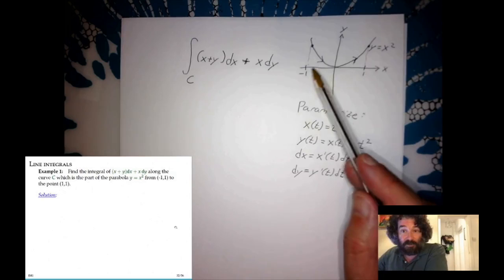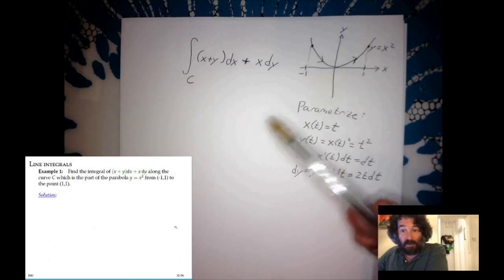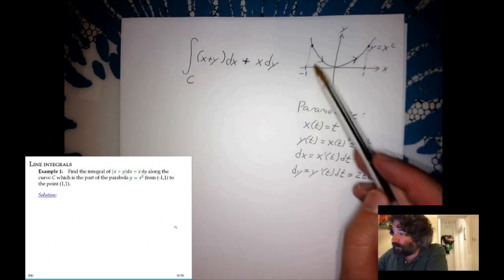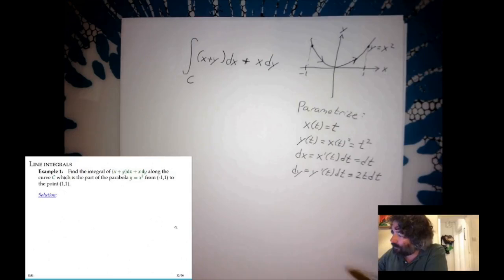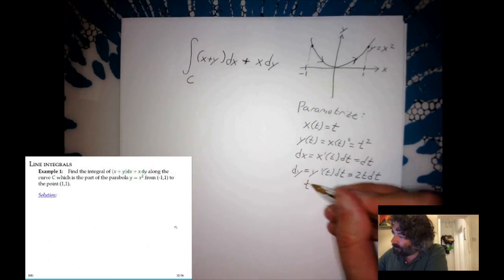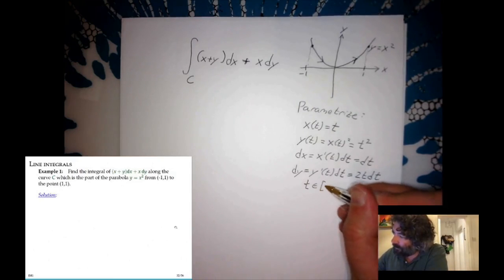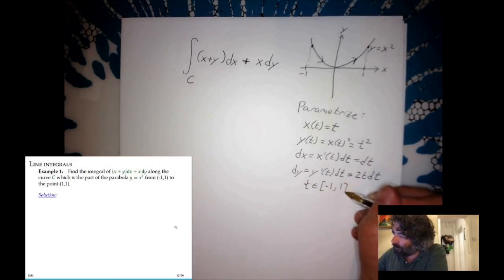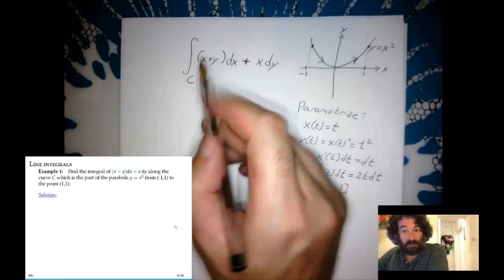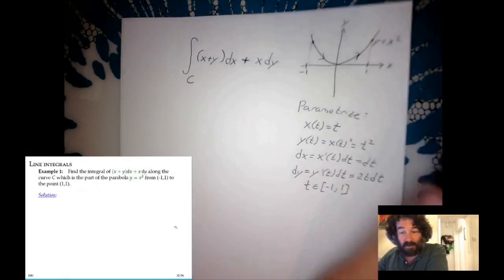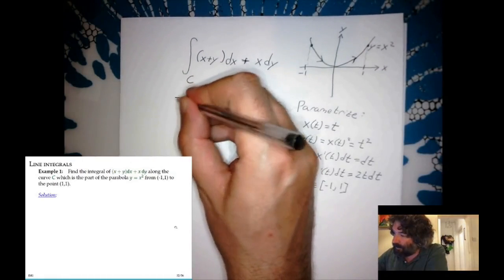We also need to know what interval t is in, so what is the interval t takes in order to parameterize this curve, and t is equal to x. It goes from -1 to 1. So the interval here is t in the interval from -1 to 1. And this gives us everything we need to know in order to convert this line integral into a one-dimensional integral that we can then evaluate.